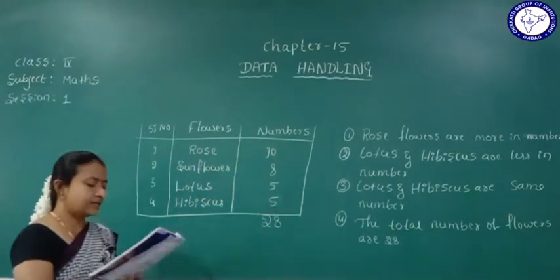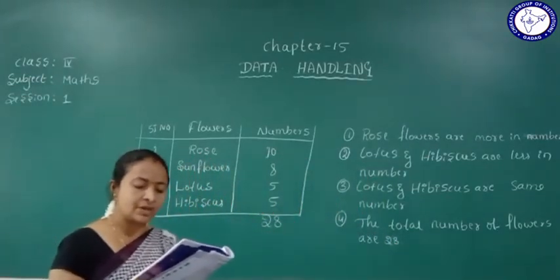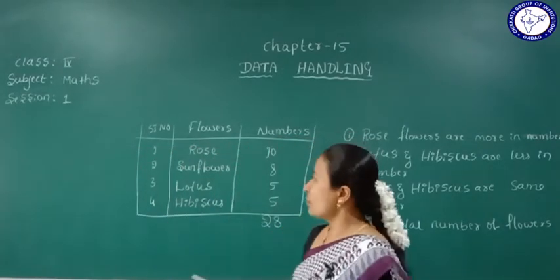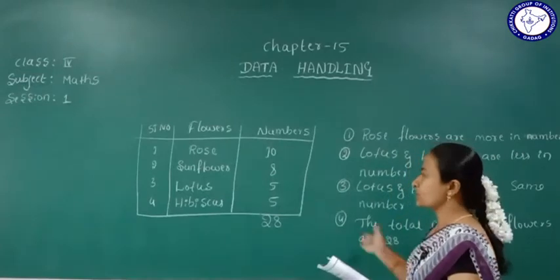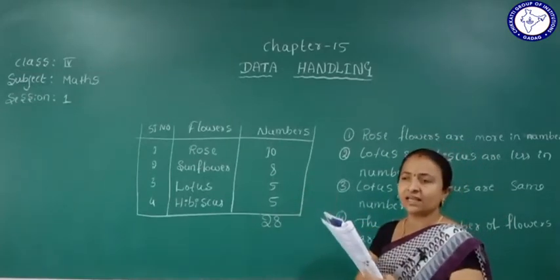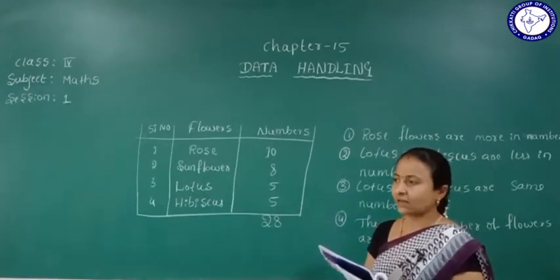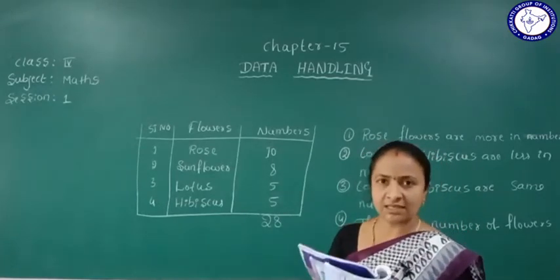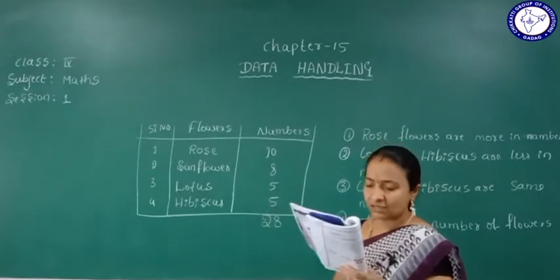To answer these questions, we observe the table of flowers and their numbers. We can understand how many flowers are there, how many in total, which type of flowers are more in number and which are less in number, and give the answers to these questions.